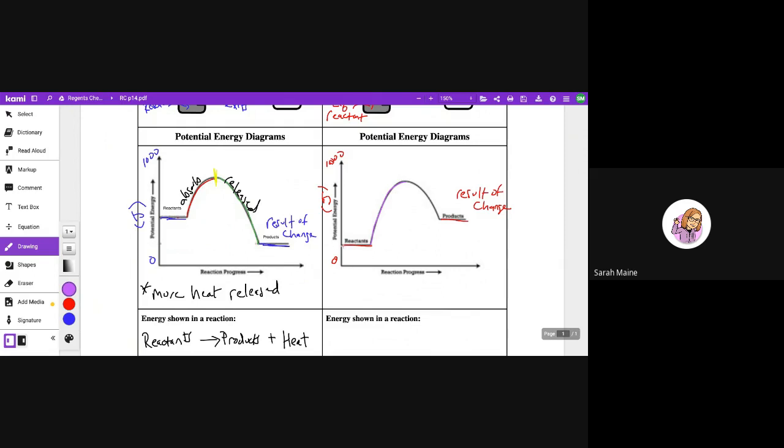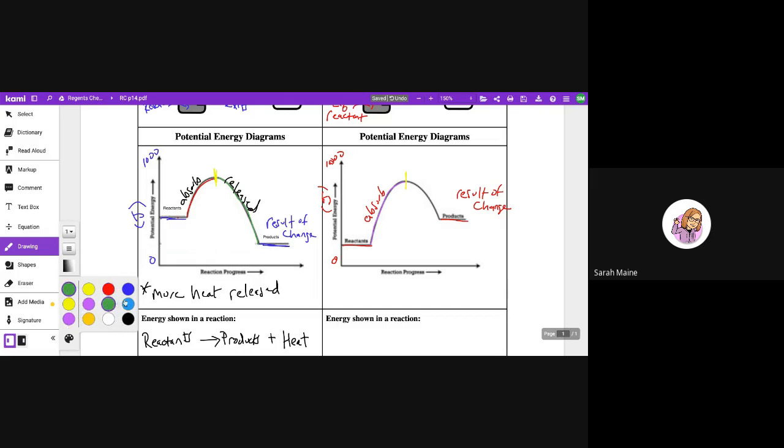So if it was more scaling, you would start at a lower number, and by the time you reach the peak of the hill, you're at a much higher number. And so when you go from a lower number to a higher number, you're gaining. So that would mean that heat is being absorbed to get the reactants' energy up to a higher value.